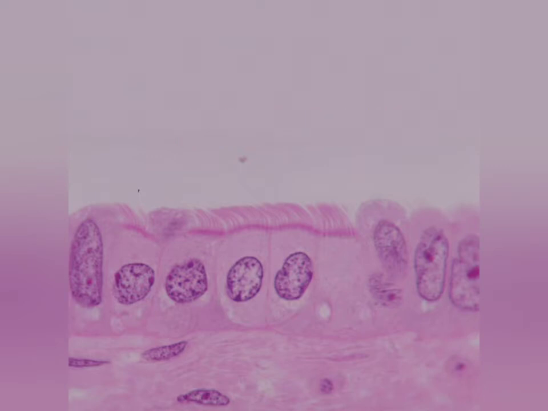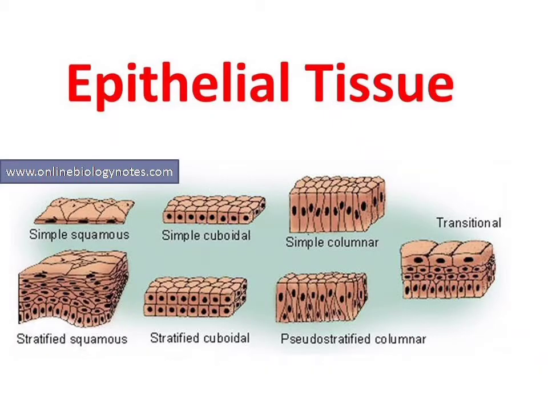The cells are tightly held together by various types of junctions and a small amount of cementing materials. Epithelium rests over an extracellular layer of collagen fibers and dense matrix called basement membrane. Basement membrane connects the epithelial tissue to the underlying connective tissue. A direct vascular supply is absent.